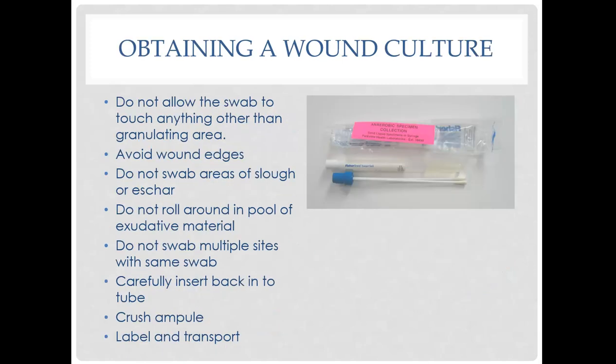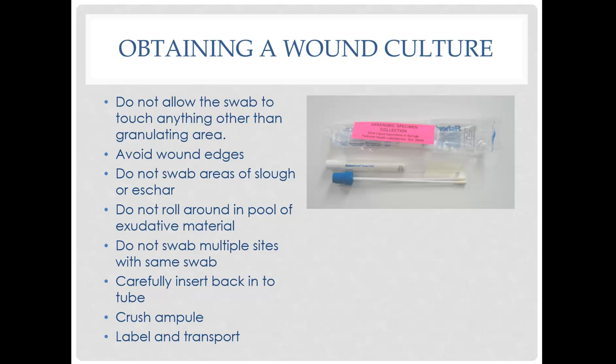Okay. If we do have to obtain a wound culture, so if we think the wound is infected and we have an order for a wound culture, we'll use one of these swabs. The swab only needs to touch the granulating area, okay? So the granulation tissue, which is the pink moist tissue. We're going to avoid the wound edges.